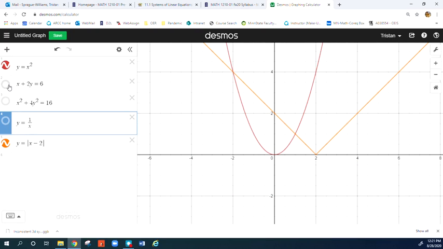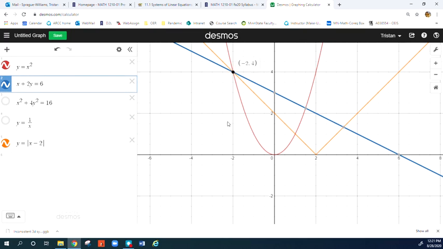However, if we replace that ellipse with this line, then it is possible for a system of 3 equations to have a solution. Those 3 equations together do have a solution at -2, 4. But none of these other intersection points over in this region would count as solutions because those are just 2 graphs intersecting at a time instead of all 3 at once, like it is over here.